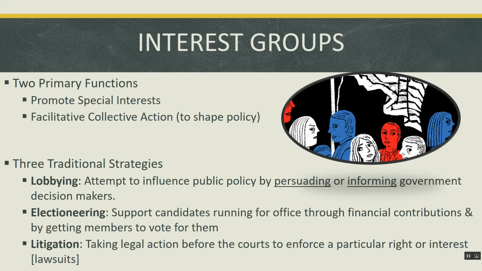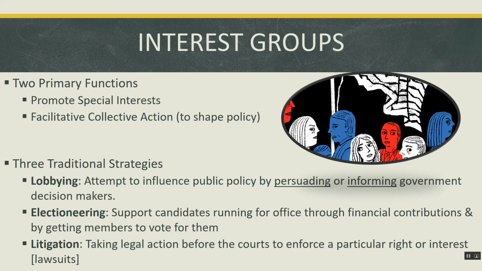They're looking out for their particular parts of the public, and they are trying to cherry pick which facts and information and arguments are most likely to convince government decision makers to use their authority in a way that promotes that special interest. Now again, you can call this persuading and informing government decision makers, but you could also put a negative spin on this.